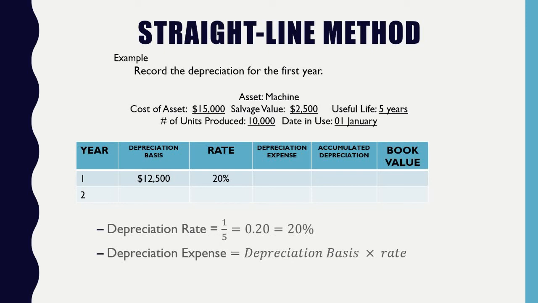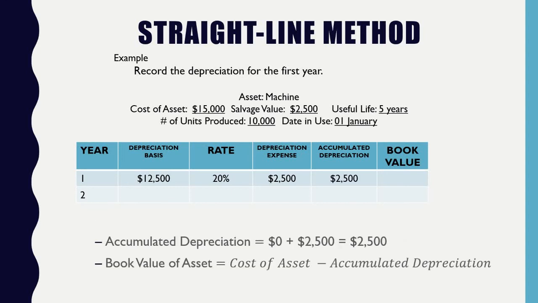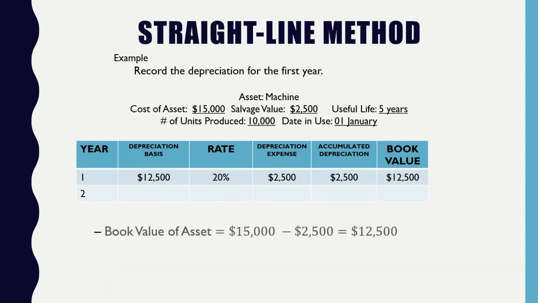Now I need to solve for my expense, which is basis times rate. So 12,500 times 20% gives you 2,500. Accumulated depreciation is 2,500. My book value is 15,000 minus 2,500, which gives me 12,500. This doesn't make any association, it's just the number that came out.